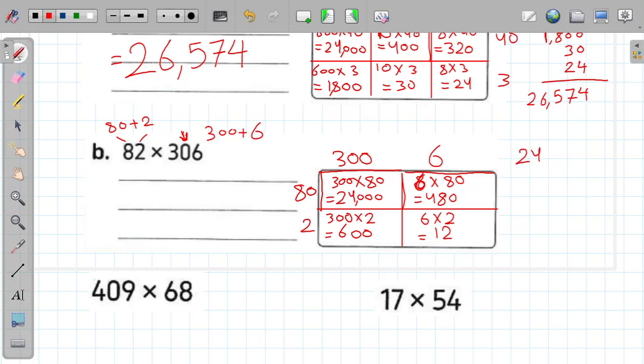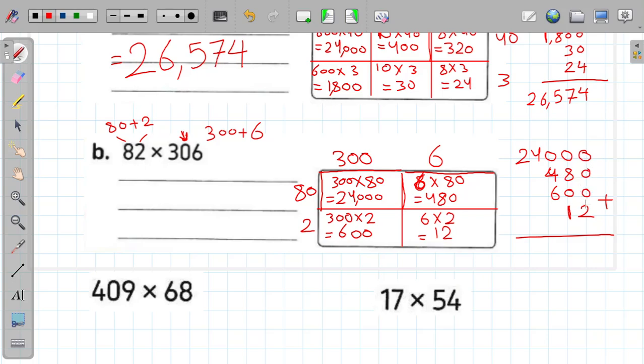The first one is 24,000. The next one is 480. Next I have 600. And the last one is 12. Okay, so let's add them together.